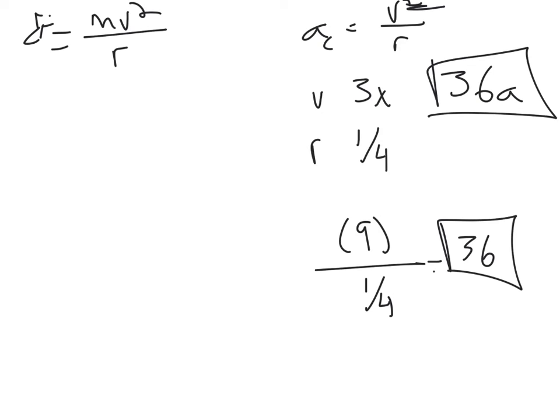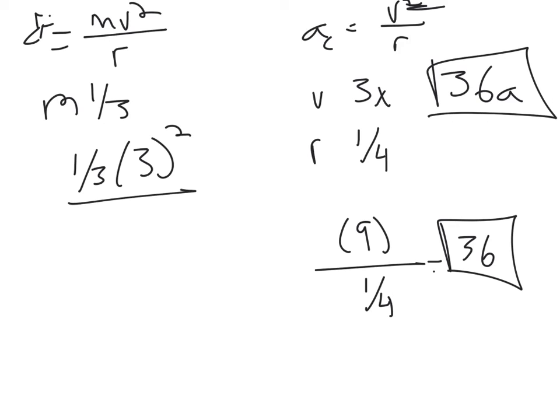And again, we can do the same thing if the car's mass changed. Let's say that the mass was also a third of what it was. Using the same variables from over here, if I wanted to know the change in the net force, I could say 1/3 here, and that is still times 3 squared over a quarter, which leaves us with 3 over a quarter, which is just 12 this time.